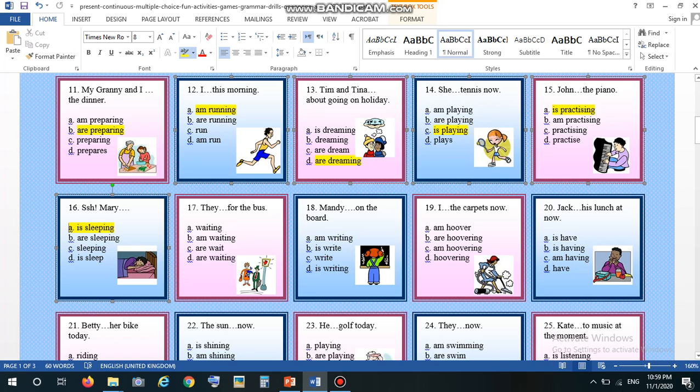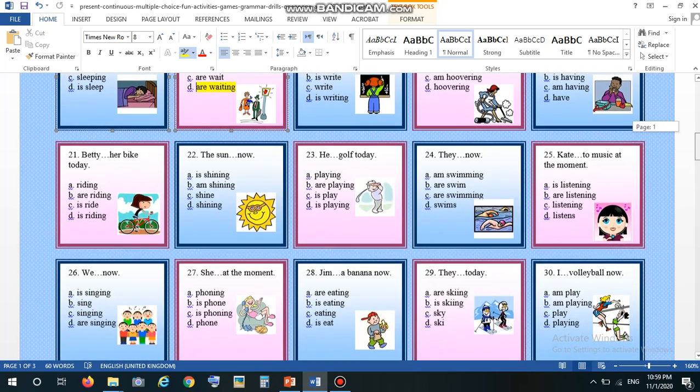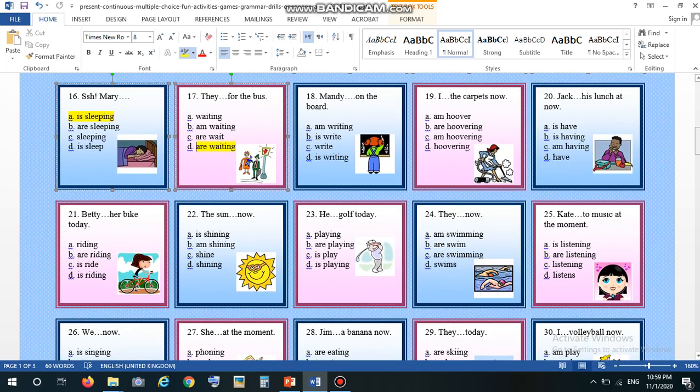So they are waiting, or are wait, or are waiting. They takes are plus the verb plus ing, so are waiting. So the rest you're going to answer in your classwork copybook. Okay, and we're going to see it next week. Thank you so much.